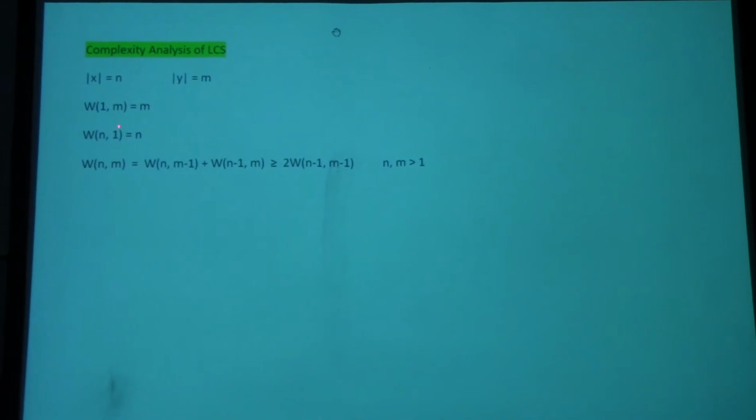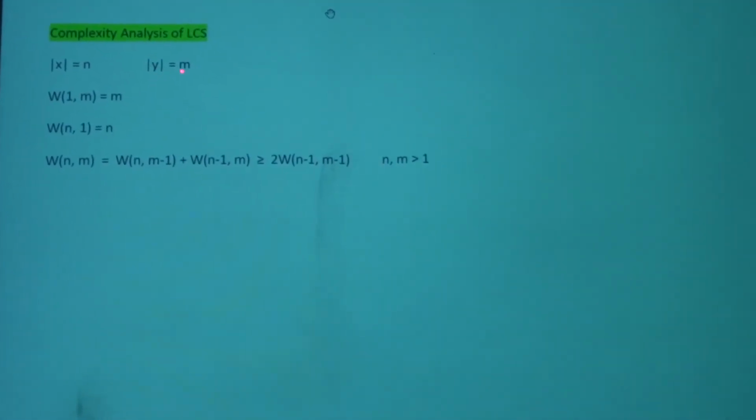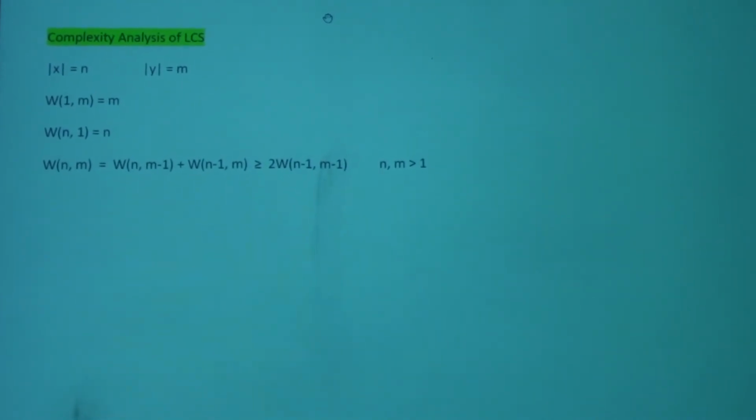Okay. So now, let's just look at some of the values here, the examples here. If we do the complexity analysis of LCS, we'll say that if the length of string x is n, and the length of string y is m, then W(1,m), the worst case analysis of a string of length 1 with a string of length m, which is in this case y, is m.